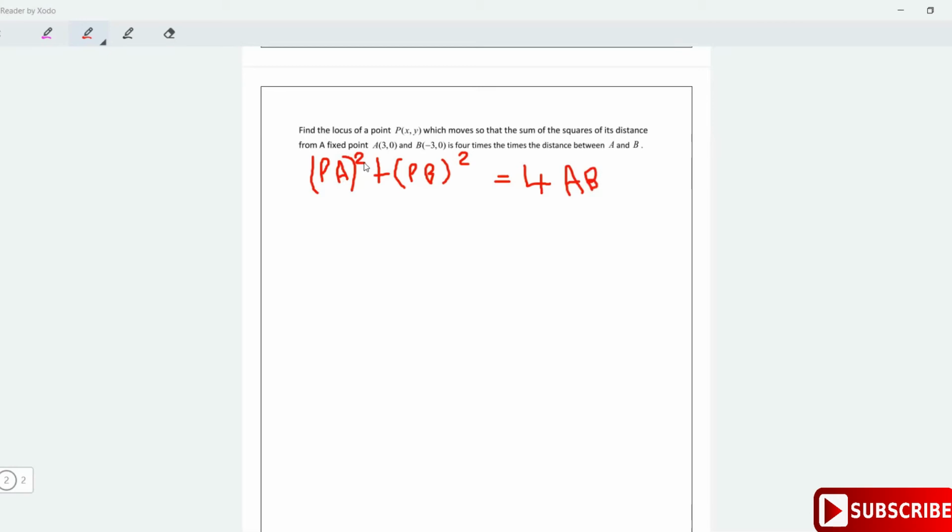So we just need to find PA squared plus PB squared, and it's equal to 4 times the distance AB.